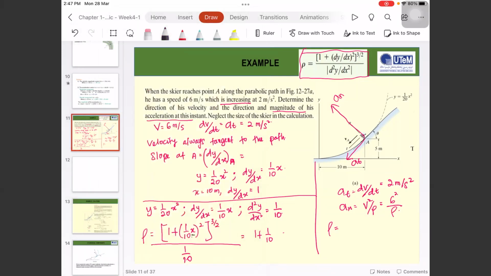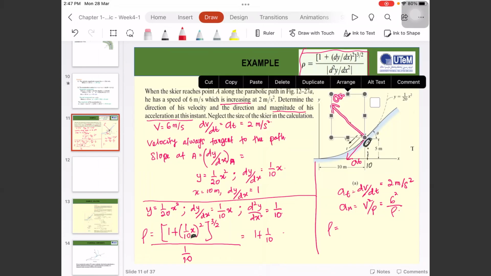You kena tengok balik pada location A. At this location A, your x coordinate adalah 10. So you masukkan 10 kat situ.